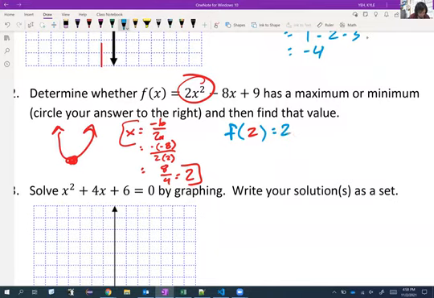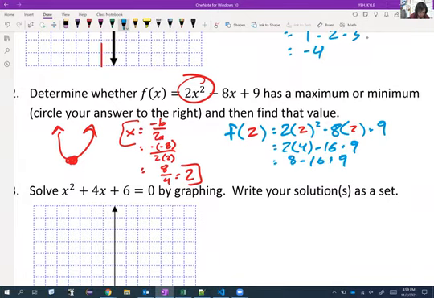F of 2 is 2 times my input squared minus 8 times my input plus 9. Two times 4 minus 16 plus 9. 8 minus 16 plus 9, which comes out to be 1. So what does that tell us? That tells us this point on this graph is 2, 1.